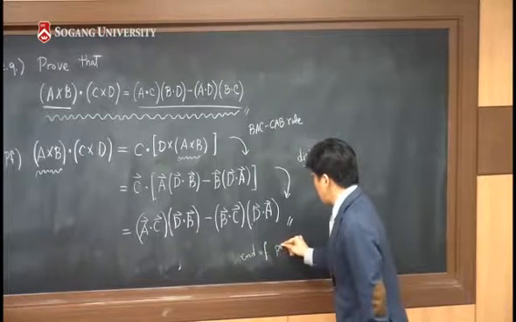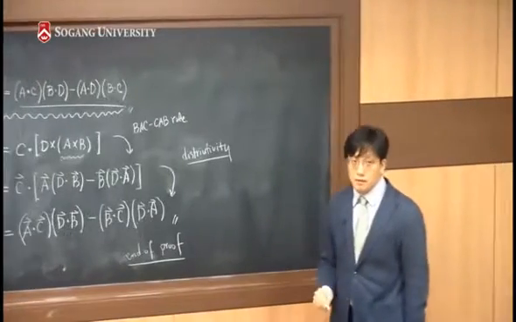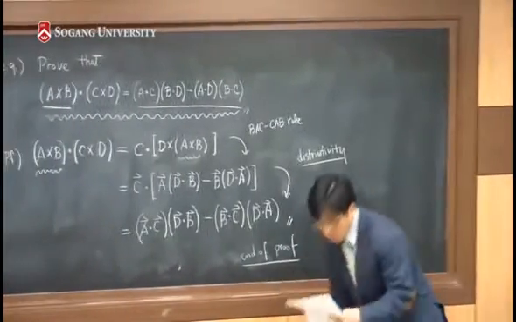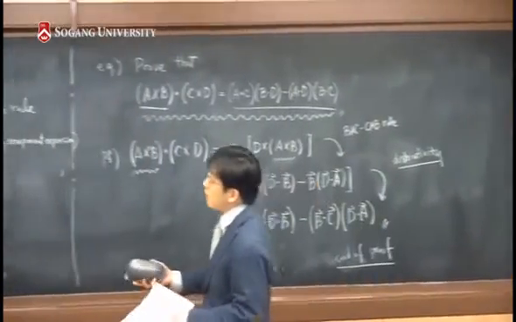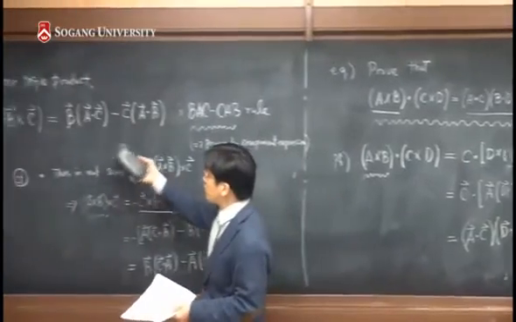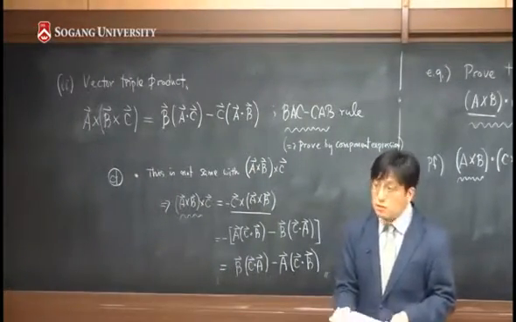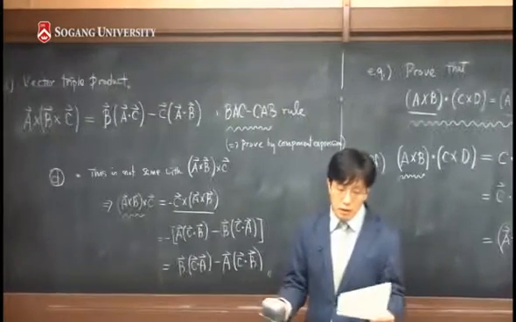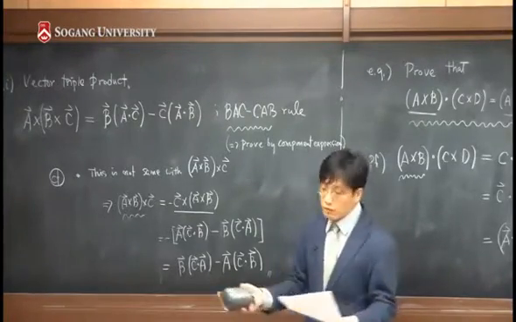Okay? Is this clear? Okay. So actually, in this way, once you have a vector product rule, then you can actually apply these to analyze the multiplication of many different vectors.